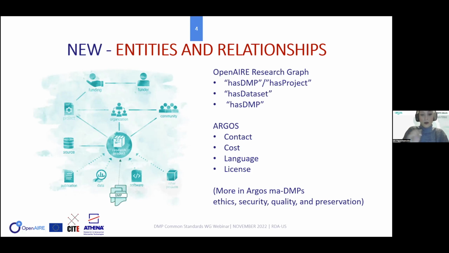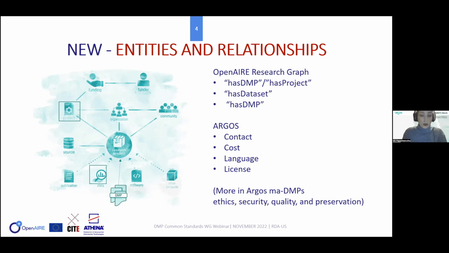Now we can distinguish the DMP from all those entities and also create links with the project and the data that are associated with it. For that, we created new relationships, new semantics, labeled as has DMP, has project, and has dataset, enhancing the research graph.